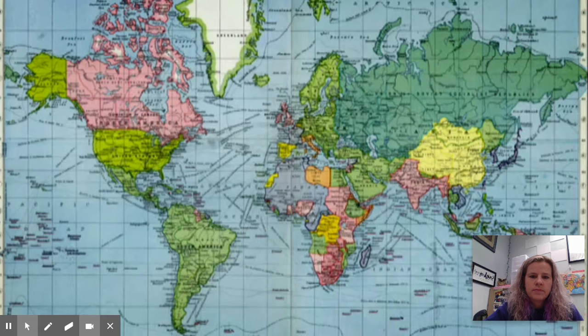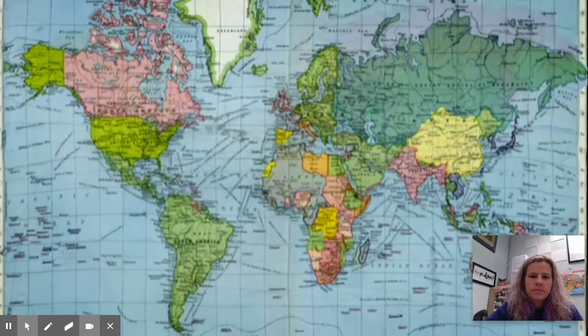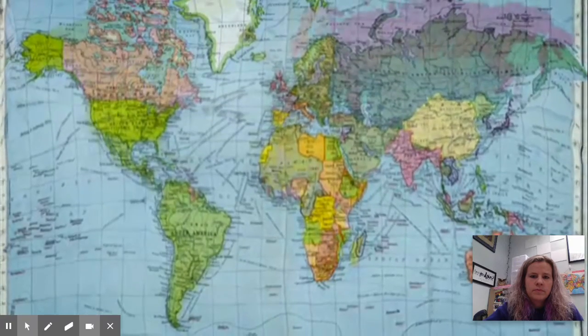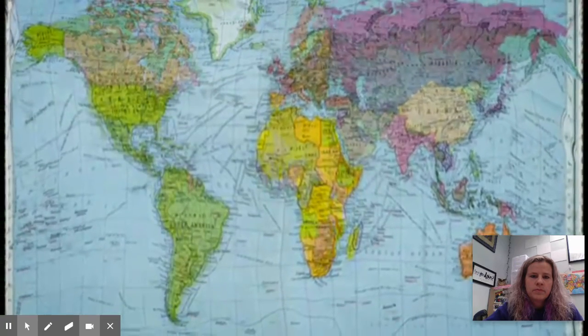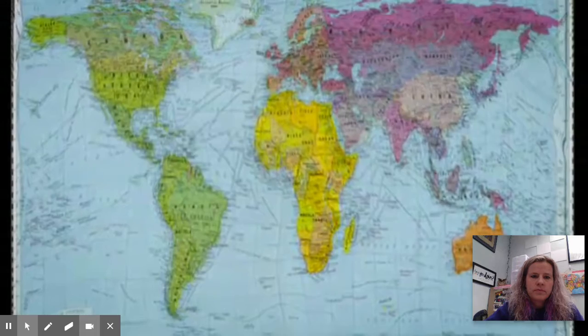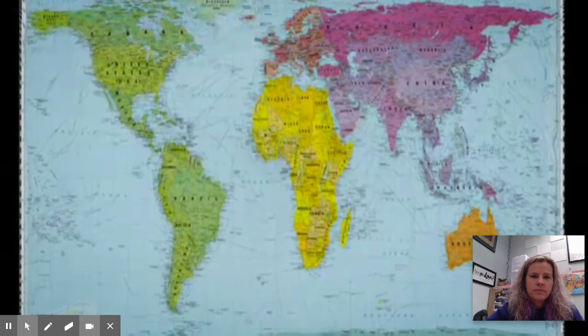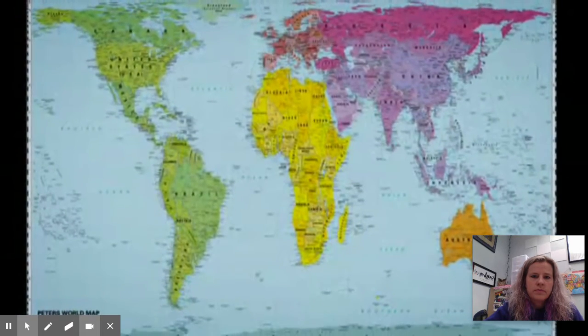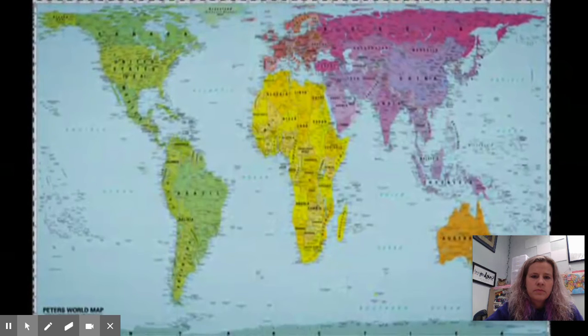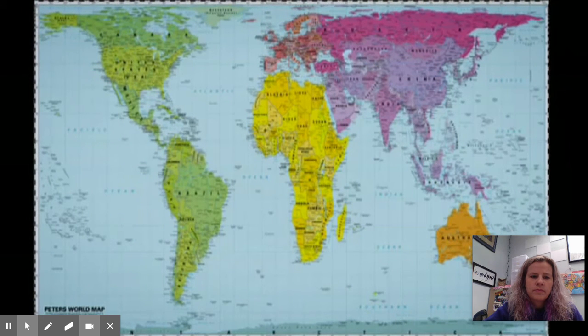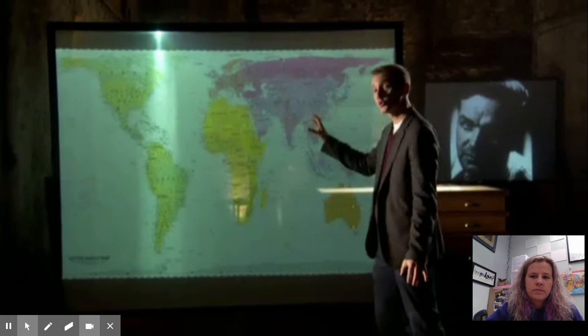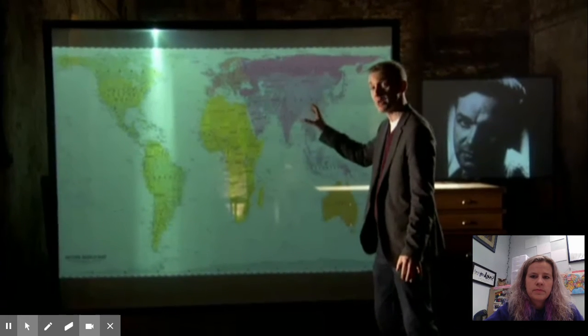Peters was no cartographer, but he thought he had the solution. Taking account of the relative size of each country, he came up with a new formula for representing the globe on a map, and he called it the Peters projection. Peters claimed his map showed the true size of countries for the first time ever.